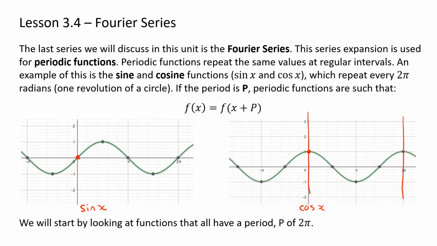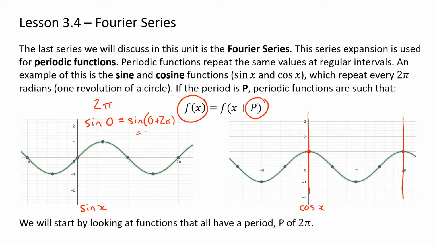In other words, the way to write that is the function at x has to be equal to the function at x plus p, where p is the period. So looking at it on this graph, that means that if the period is 2 pi, then sine of 0 must be equal to sine of 0 plus that period, which is 2 pi.